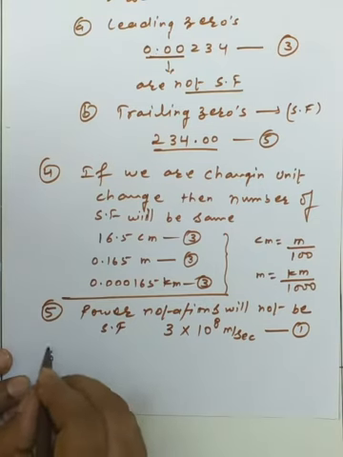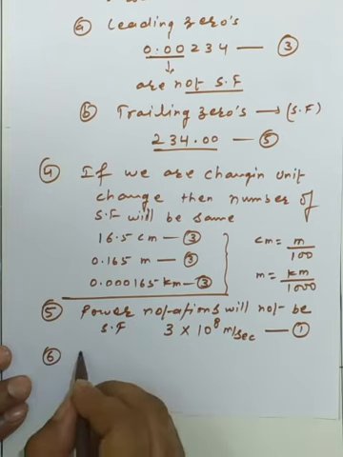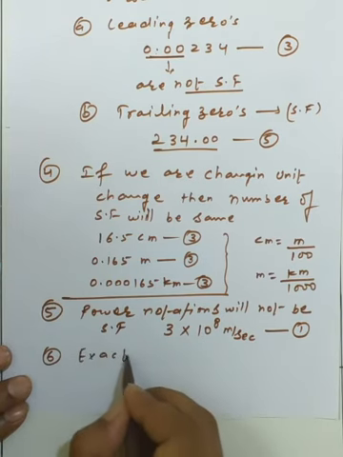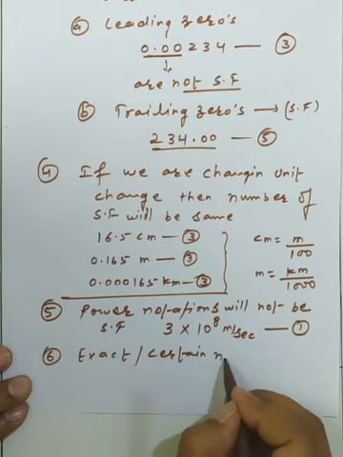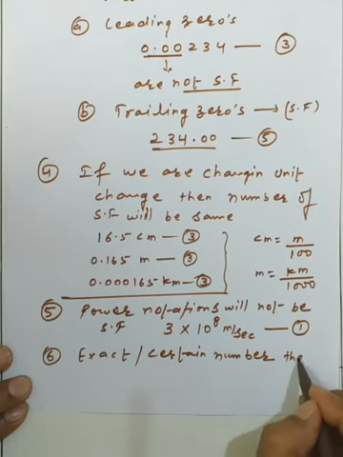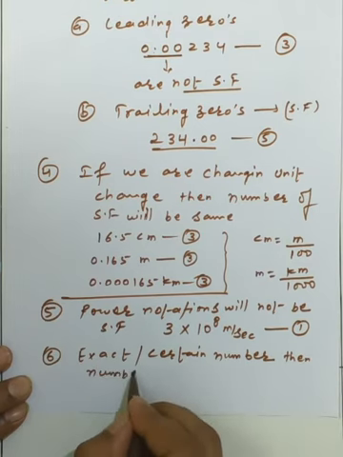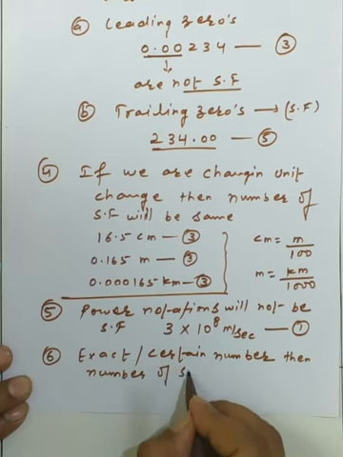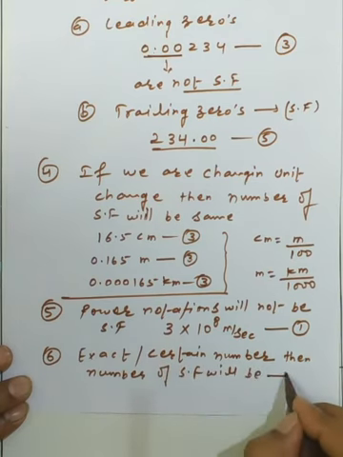Okay, now rule number 6, that is the general rule we have. If we have an exact or certain number, then the number of SF will be infinity.